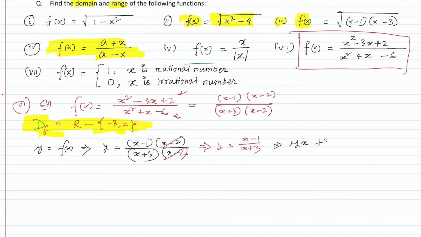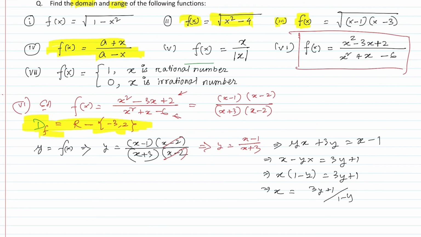So yx plus thrice y is equal to x minus 1, which implies x minus yx is equal to 3y plus 1. Here x is common, so x into 1 minus y is equal to 3y plus 1. So x must be equal to thrice y plus 1 divided by 1 minus y.